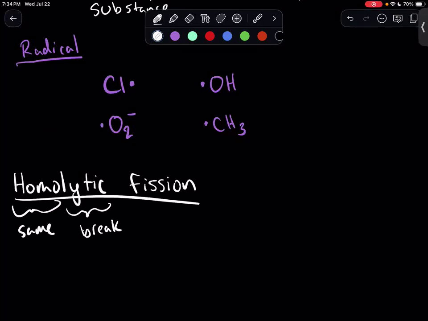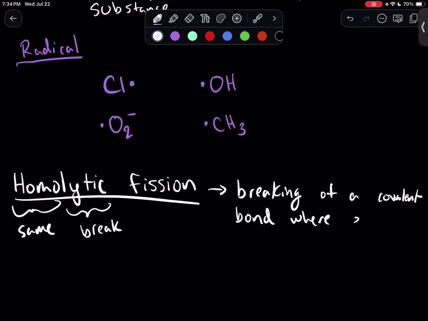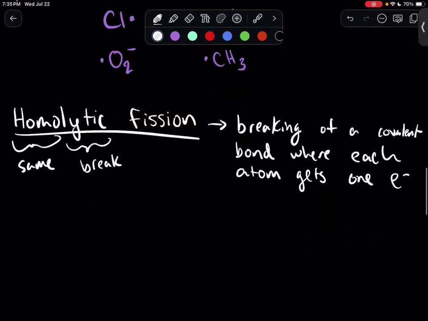So homolytic fission is going to be the breaking of a bond, specifically the breaking of a covalent bond where each atom gets one electron. So it's the same because they each get one electron instead of both electrons moving to one or the other, like how we might form ions when these things bond, where both electrons go over to one and one electron stays with the other.